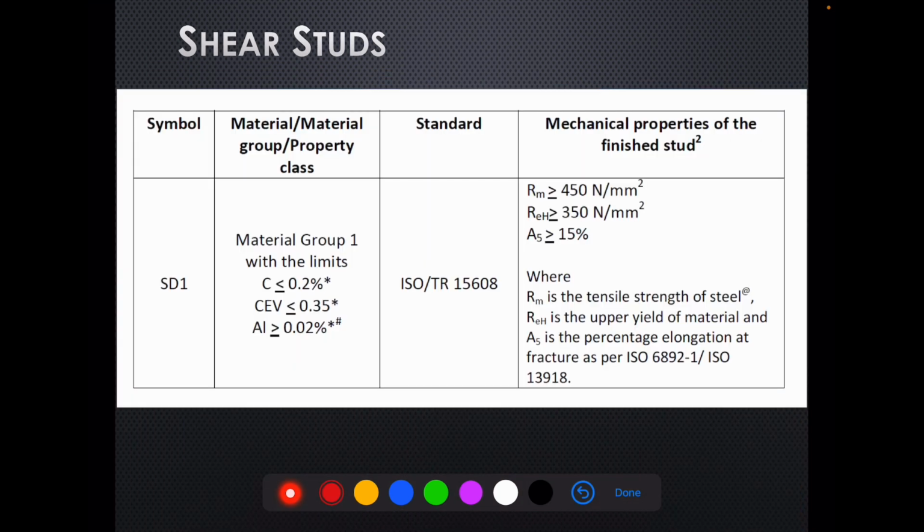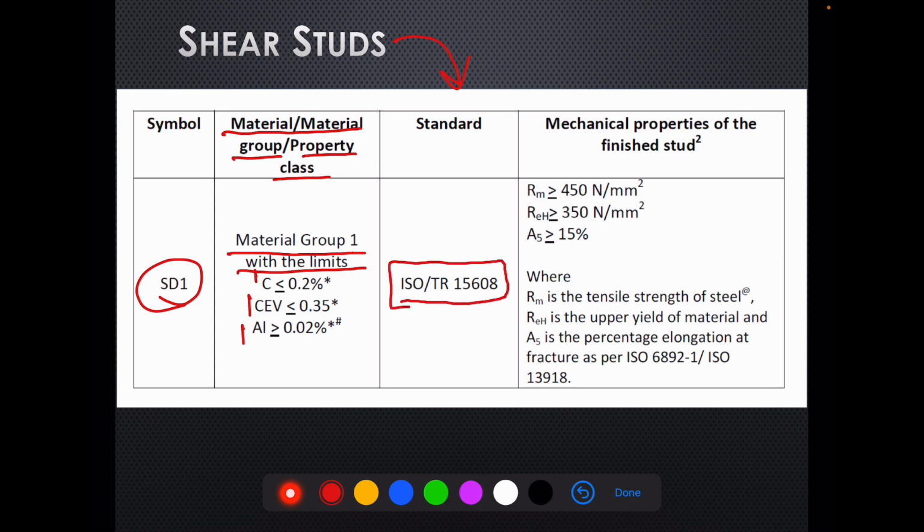Some specifications about shear studs. The shear stud symbol is SD1, with material group 1 with these limits of carbon, CEV and aluminium. The standard followed for shear studs is ISO/TR 15608.